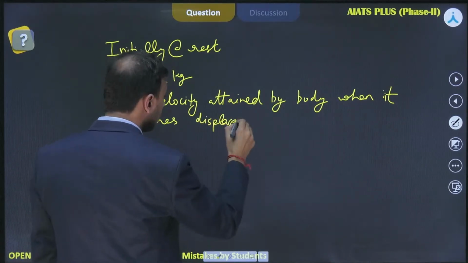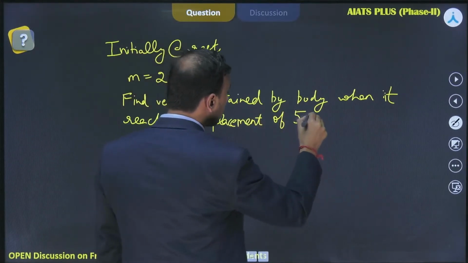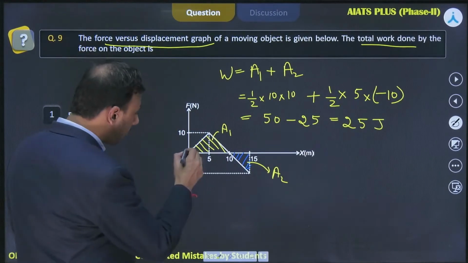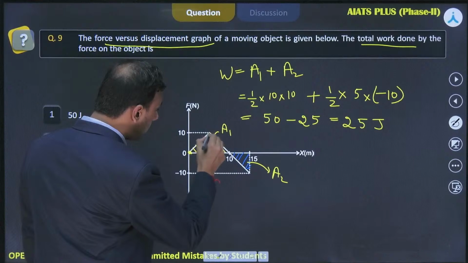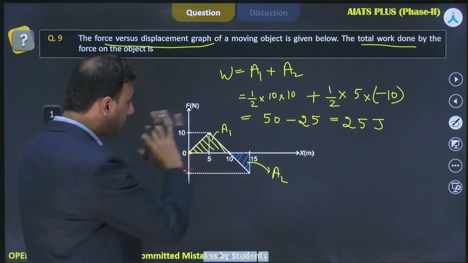I think a better way to write would be x equal to 5, or displacement equal to 5 meter. Which means this point. So from here to here, in here velocity was 0, here velocity we have to find out. At x equal to 5 we have to find out.